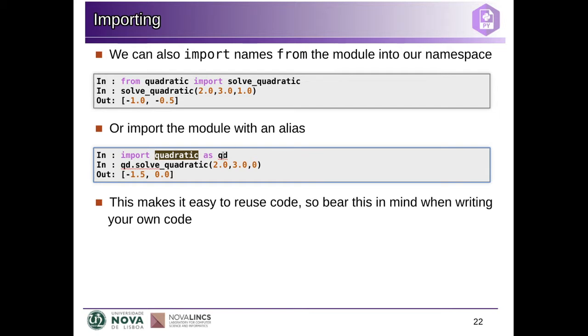We just changed the name in this way. This is also useful if you happen to have some specific name in your own code, and by bad luck, whatever you want to import has the same name. So you can use the as to give it an alias and give it a different name in your namespace. It will point to the same object, but it will be a different name.